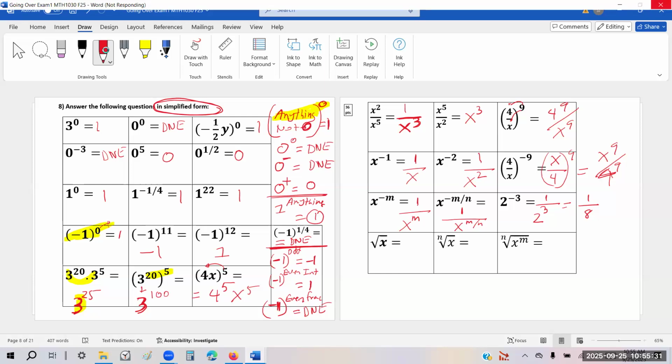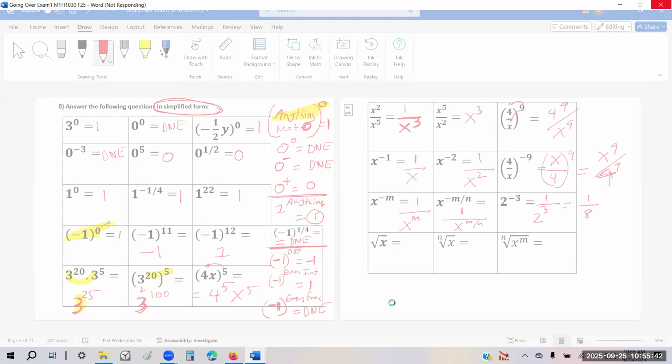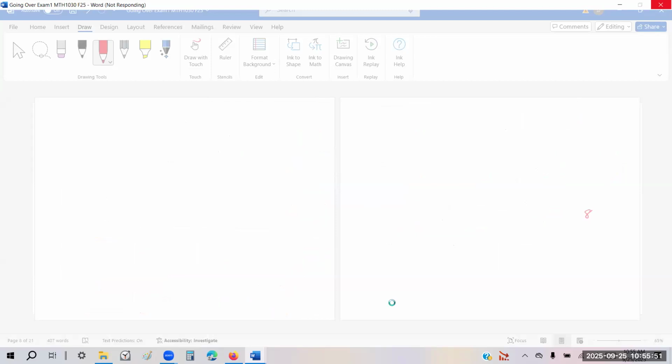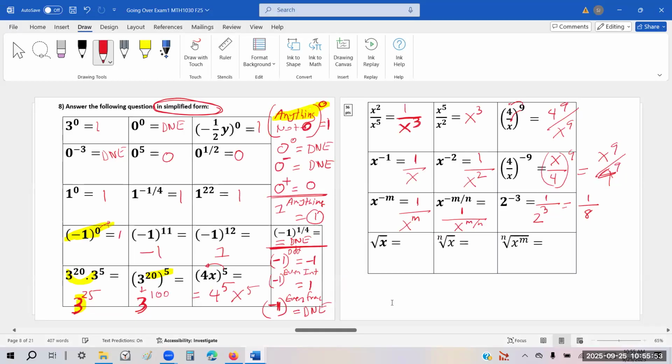And then the radical. I noticed a few of you made mistakes about negative power and radical power. Every radical power turns into a fraction, but that fraction is an exponent on the variable.